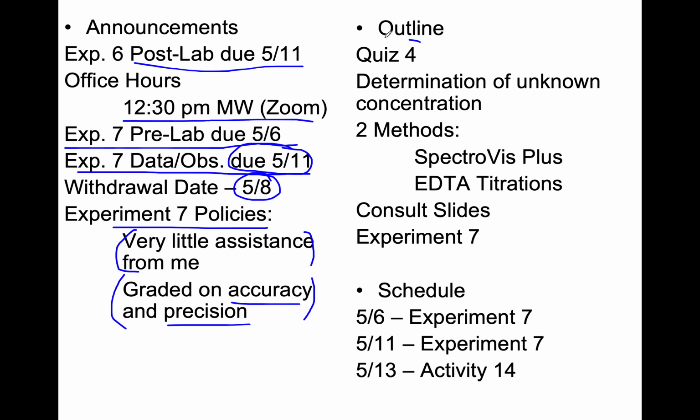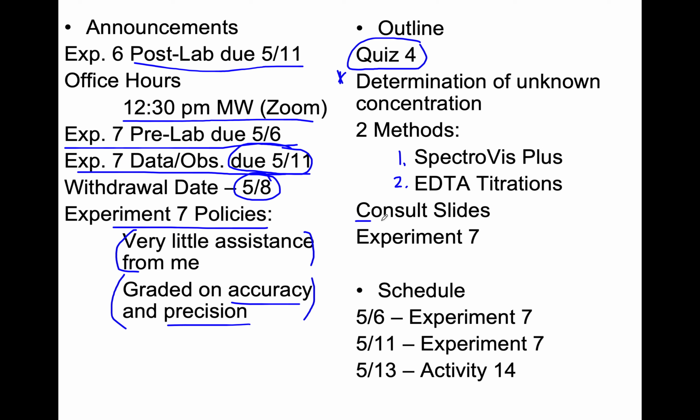There is a quiz 4 for experiment 7, so make sure to complete quiz 4. And the goal is the determination of the unknown concentration. How's that done? It's done with 1, the SpectraVis Plus. You use that to estimate, and then you do multiple titrations with EDTA.